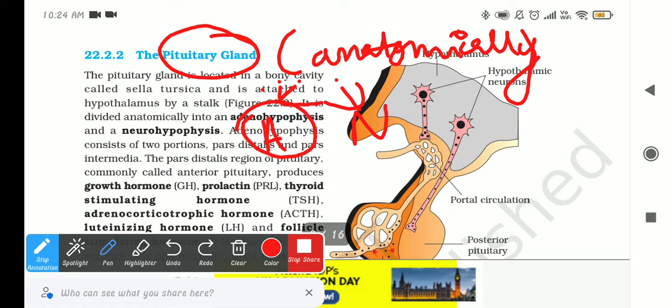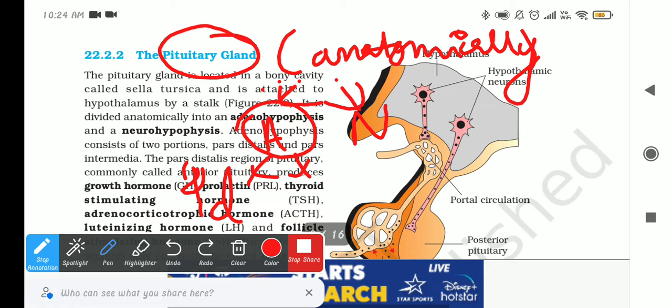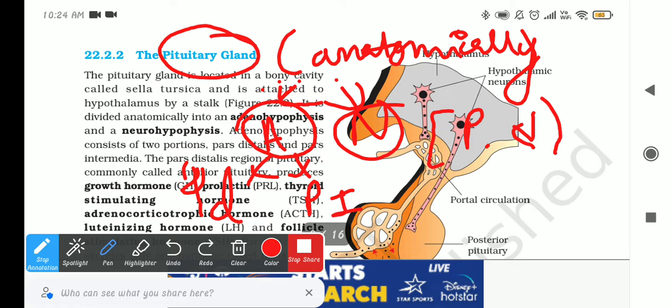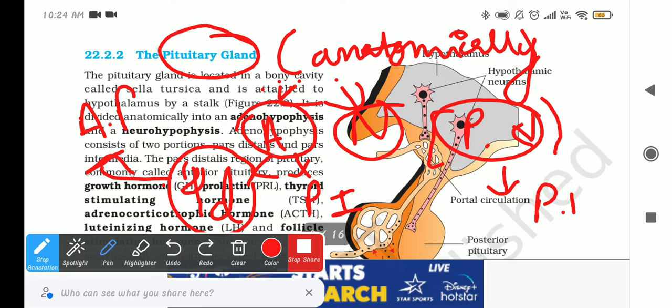Adenohypophysis consists of two parts, pars distalis and pars intermedia, and neurohypophysis is also called pars nervosa. Pars distalis is nothing but our anterior pituitary, and pars nervosa is our posterior pituitary.